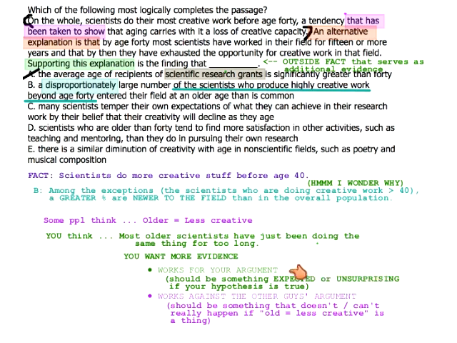So let's think about that. Does that work for my argument? Well, absolutely it does. Right? My argument is the people who are not doing creative work are doing it because they've been in the field for too long. In other words, this is exactly what I should expect if my hypothesis is true. I would expect that the less time you spend in the field, the more likely you would be to do creative work. So this is exactly what I would expect.